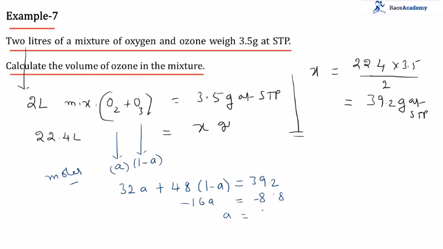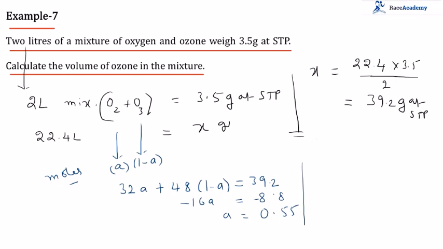Just a minute. I substituted the 48 and 39.2 values. So you got it is 0.55. No problem.